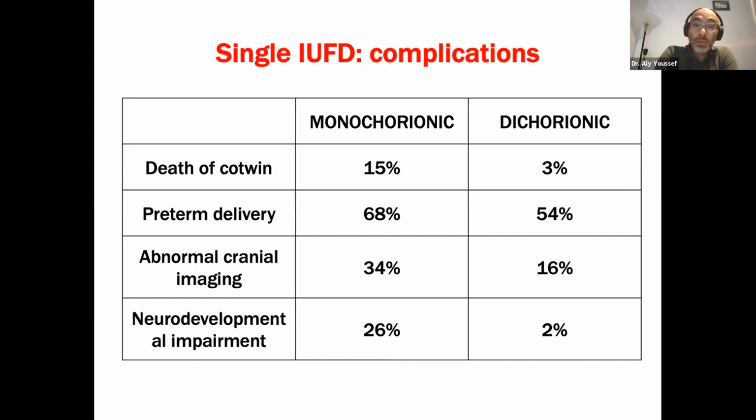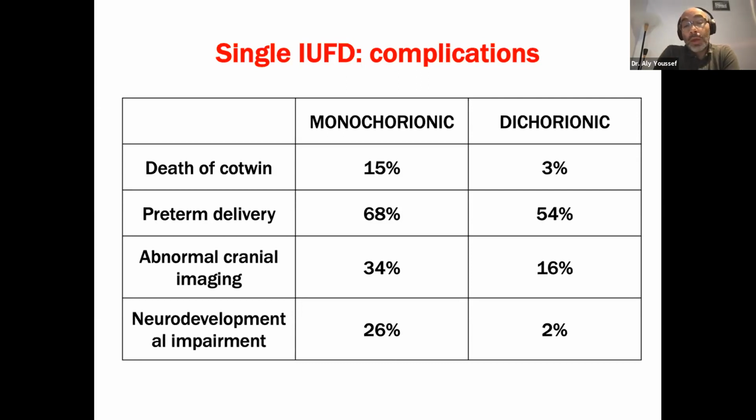The main problem is that fetuses in monochorionic twins do share the same circulation. So if you have a fetal demise of one of the 2 fetuses, there is a high risk of severe hypotension in the surviving twin, with a high risk of death, and above all, of neurodevelopmental impairment.